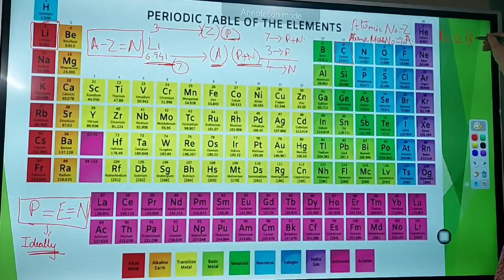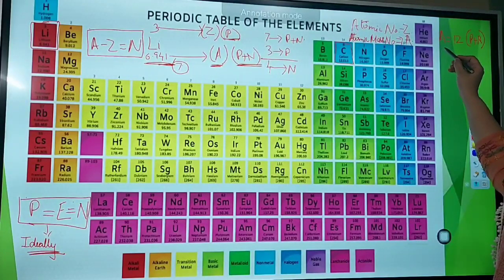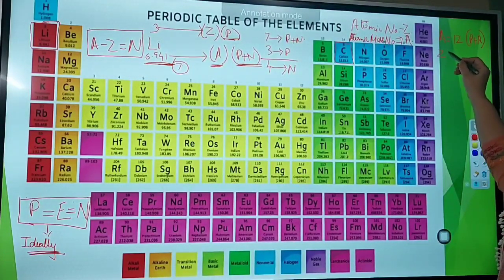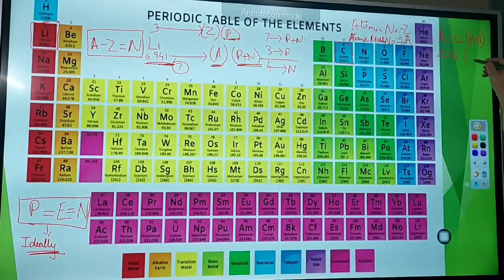That means the number of protons and neutrons is equal to 12. That's the atomic mass number. Atomic number is equal to 6. So from here we come to know that the number of neutrons is 12 minus 6.